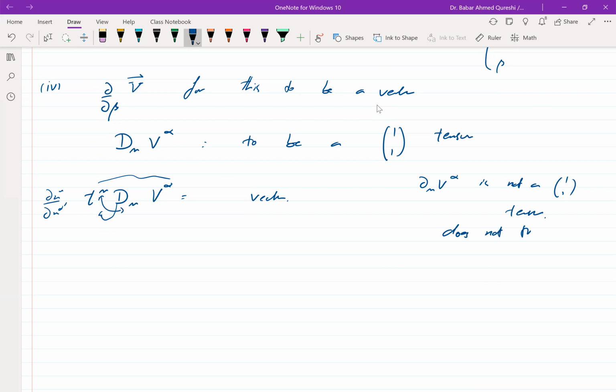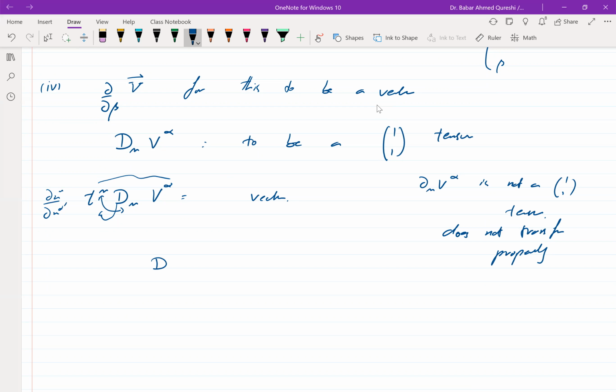Sir, it should be d mu v, right? These are only related to components. D mu v should be a 1-1 tensor. D mu v alpha is a 1-1 tensor because it's an indexed object. If I just write dv, that means it's d mu v.